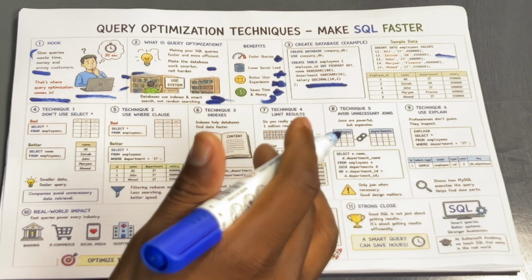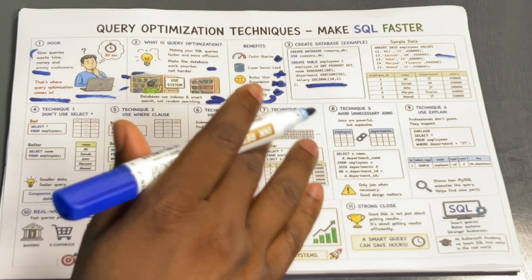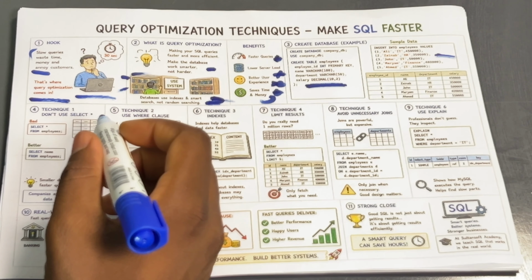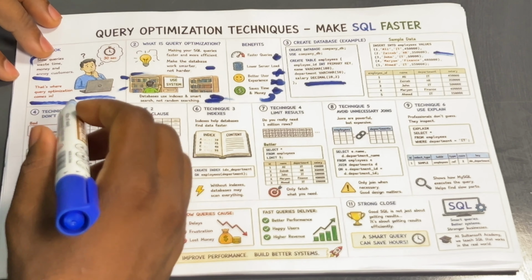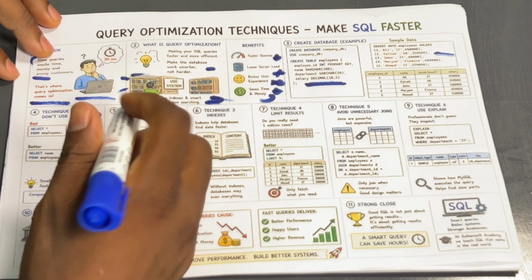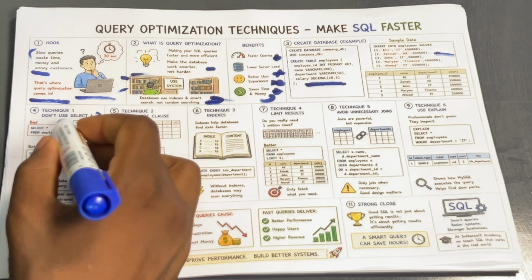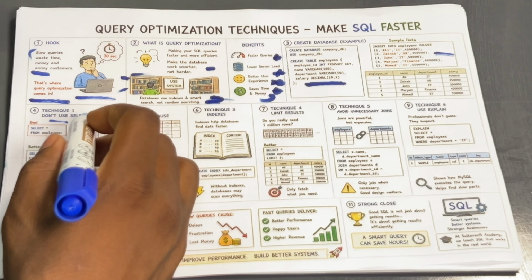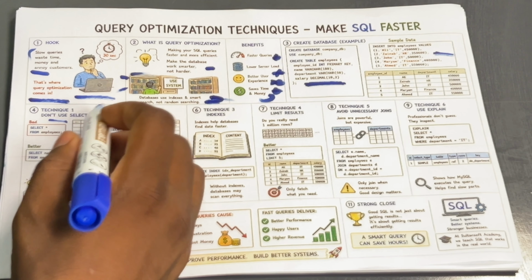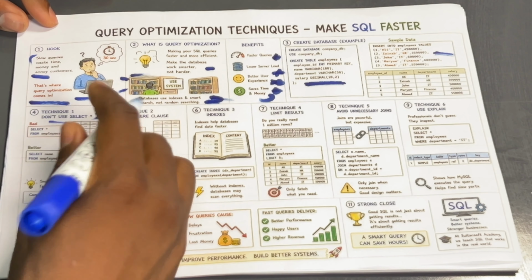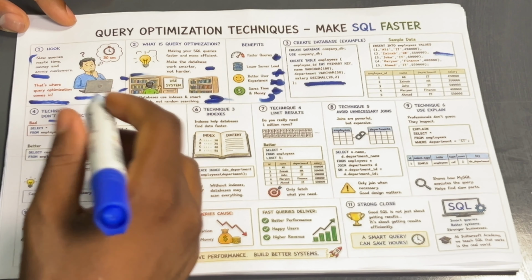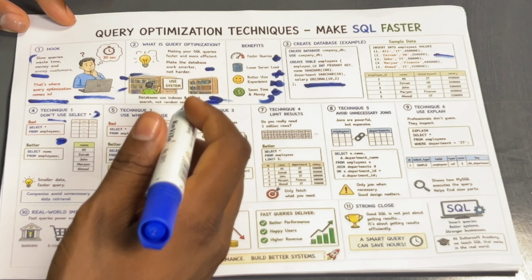Technique number one. One common mistake beginners make is they select all from employees. So this technique means do not use select star. This gets everything, all columns, even ones you do not need in the search.